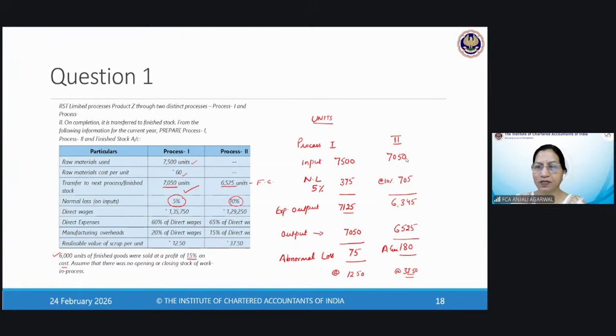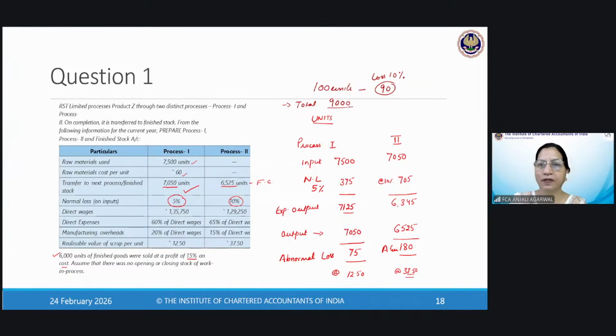Similarly, in the second process, 7,050 units moved, and there was a normal loss. See, if I am having 100 units and there is a loss of 10%, so I am expecting 90 units in my hand, and the total cost was, let's say, 9,000.